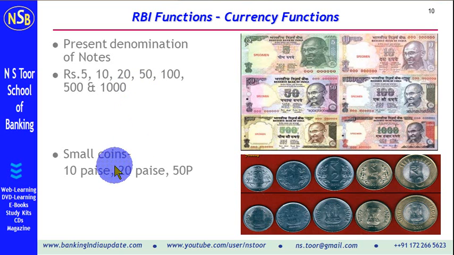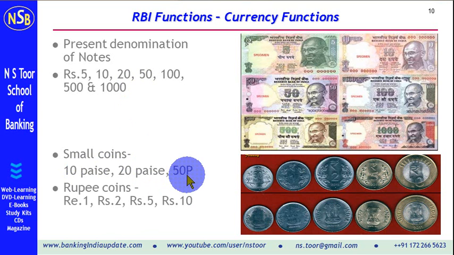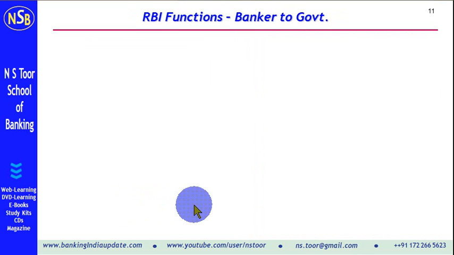Small coins include 10 paisa, 20 paisa and 50 paisa. And large coins include rupee 1, rupees 2, 5 and 10. So these are various currency functions of Reserve Bank of India.